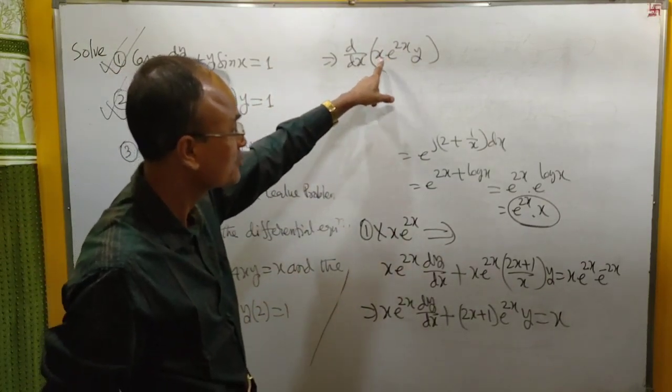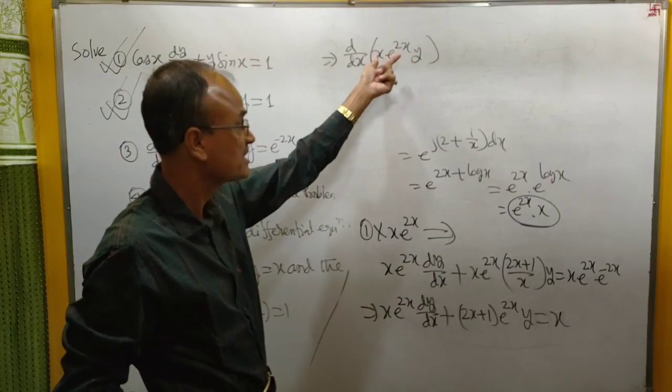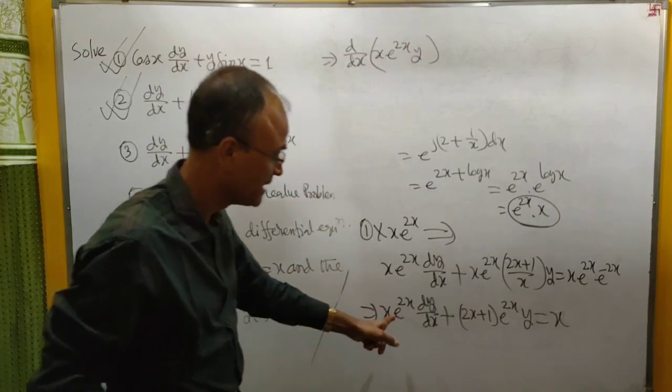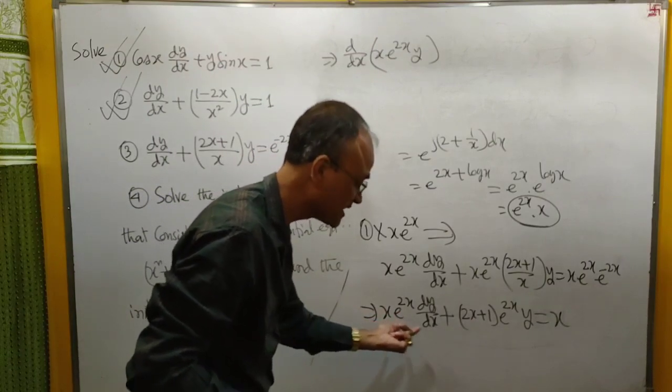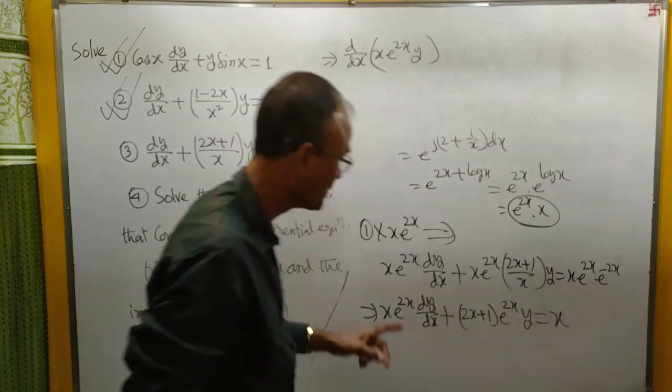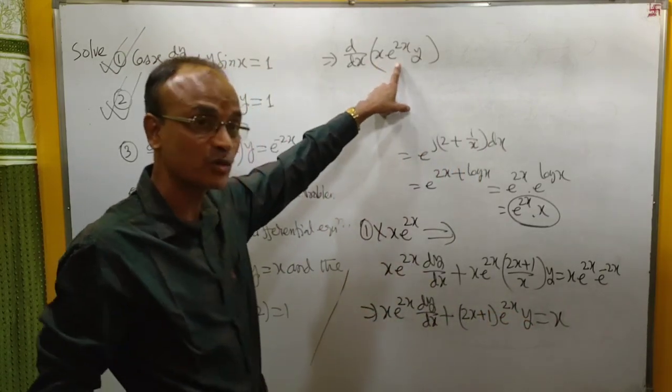You see, treat x e to the power 2x as the first function and y as the second function. It will be first function x e to the power 2x into dy by dx plus second function y times the differentiation of x e to the power 2x.